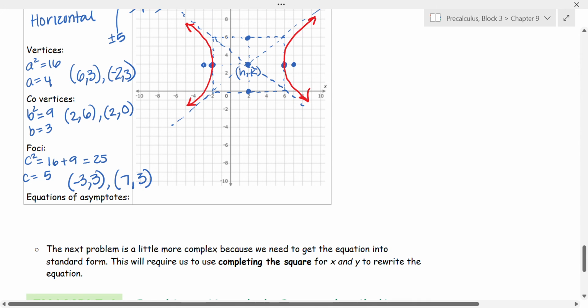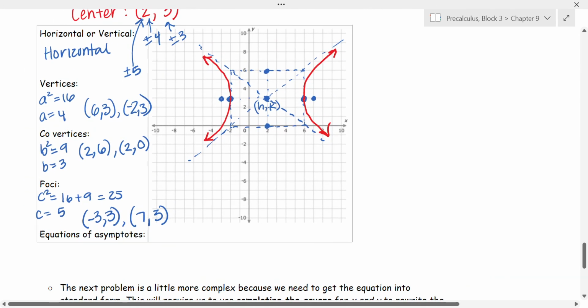This question is asking us for the equations of the asymptotes. They're straight lines, so the linear equation is: y minus 3 equals 3/4 times x minus 2.